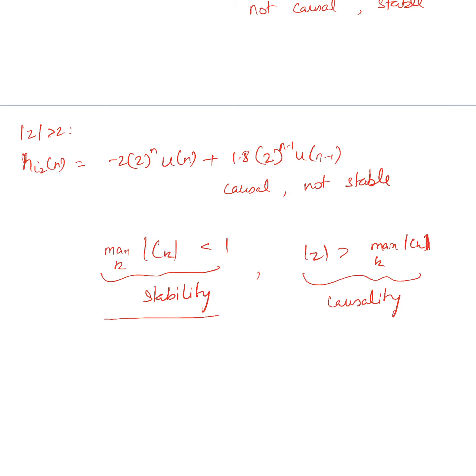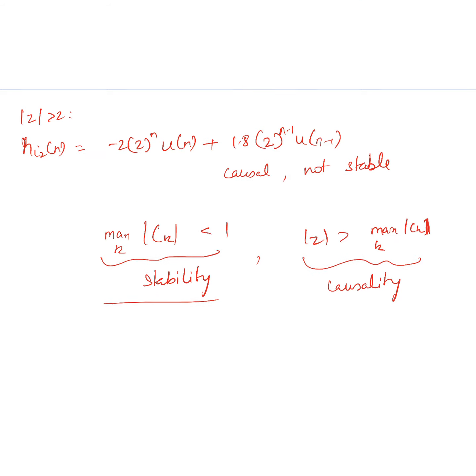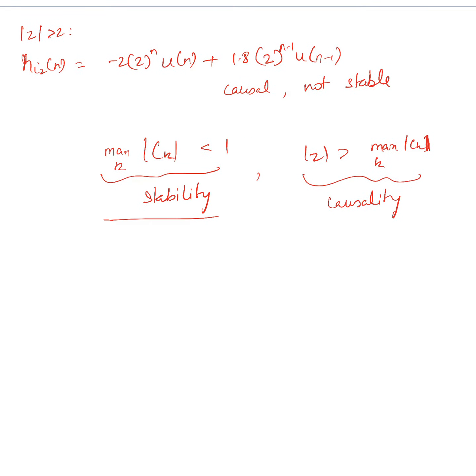So if an LTI system is stable and causal, and you want its inverse to be stable and causal also, it is possible if and only if both the poles and zeros of h of Z are inside the unit circle. We call all those systems which have their poles and zeros lying inside the unit circle minimum phase systems.